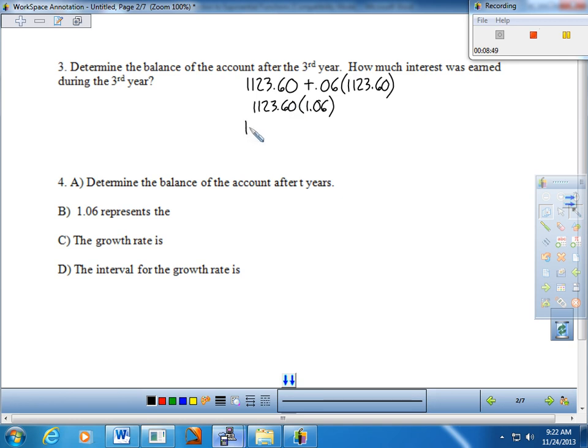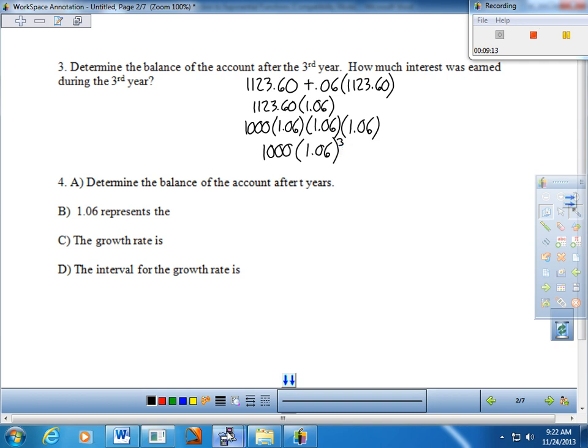Well, if you remember, we got it from taking the original 1,000 times 1.06 the first year times 1.06 the second year. That gave us this. And now, of course, everybody, we're multiplying it by another 1.06. Wow, the math is actually really quite fascinating as you kind of look at it, because then it allows us to raise it just to the third power. And that's what we'll see.